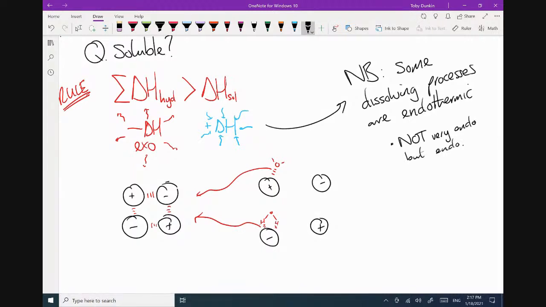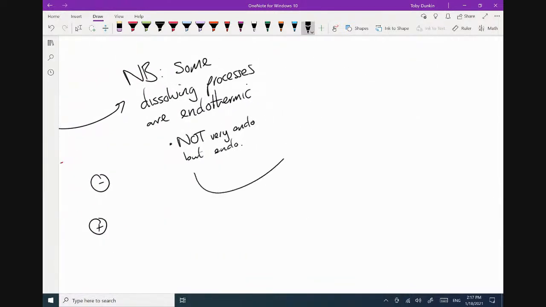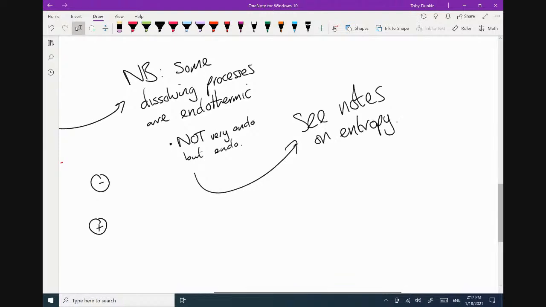So in that case, why do they happen at all? See notes on entropy. If they're endothermic, they should not be soluble. The rule in general is that most dissolving processes will be exothermic, but not by very much, plus or minus 10. These are small changes.